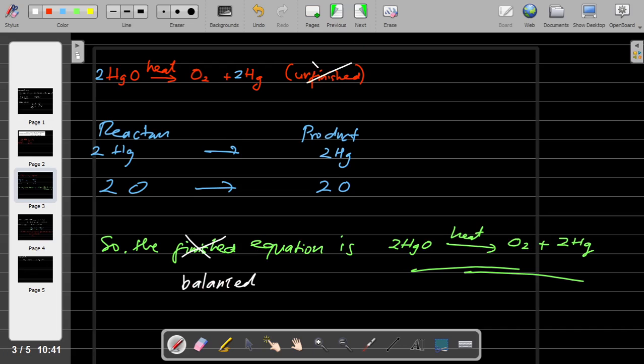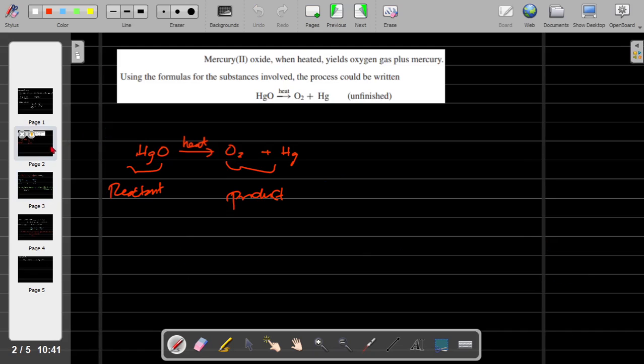And not unfinished, but unbalanced. There is something that I need to correct you guys. Unfinished is okay, but I think it will be more accepted if we use the word balanced or unbalanced.